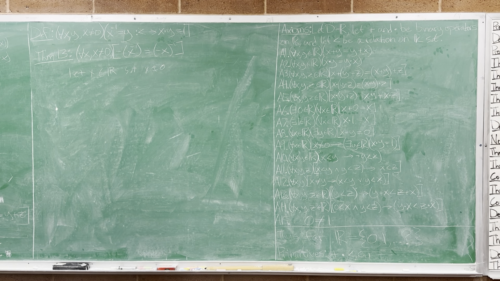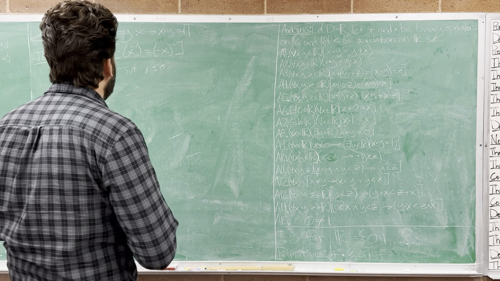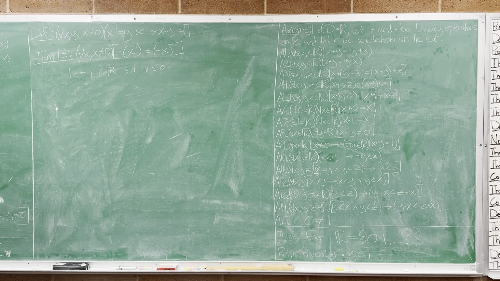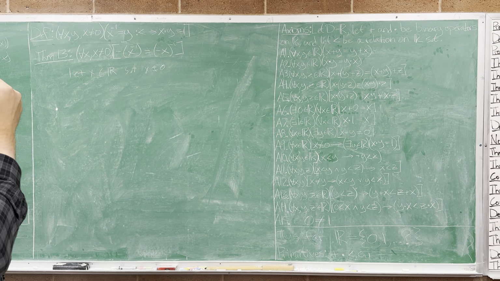So would it be easier to start with the left or the right? That's a good question. I don't know. My gut says the left, but I don't have any good reason for it.